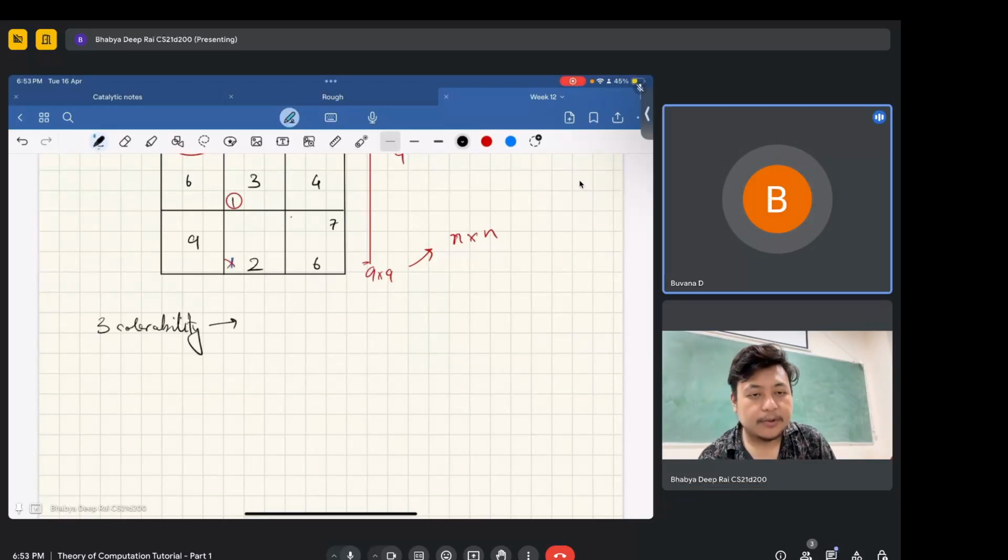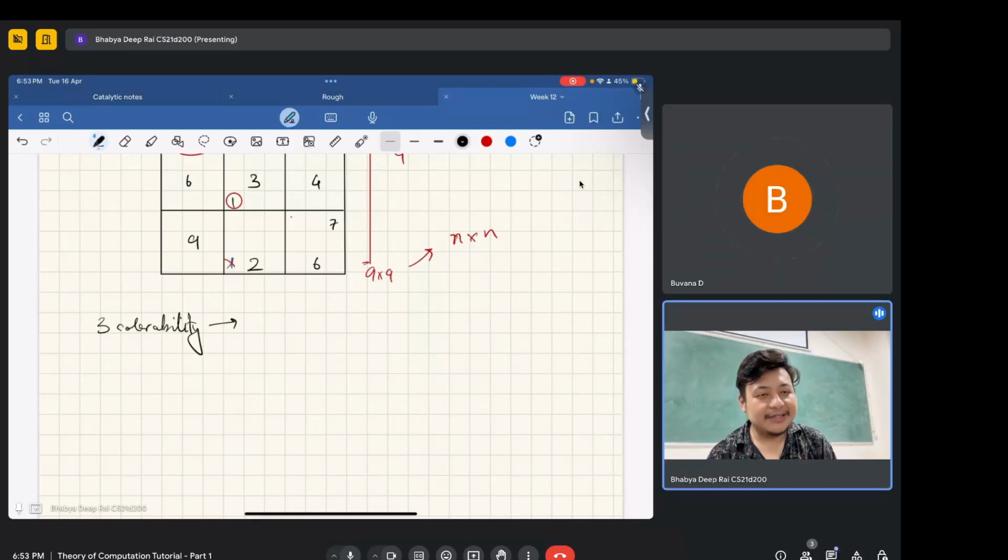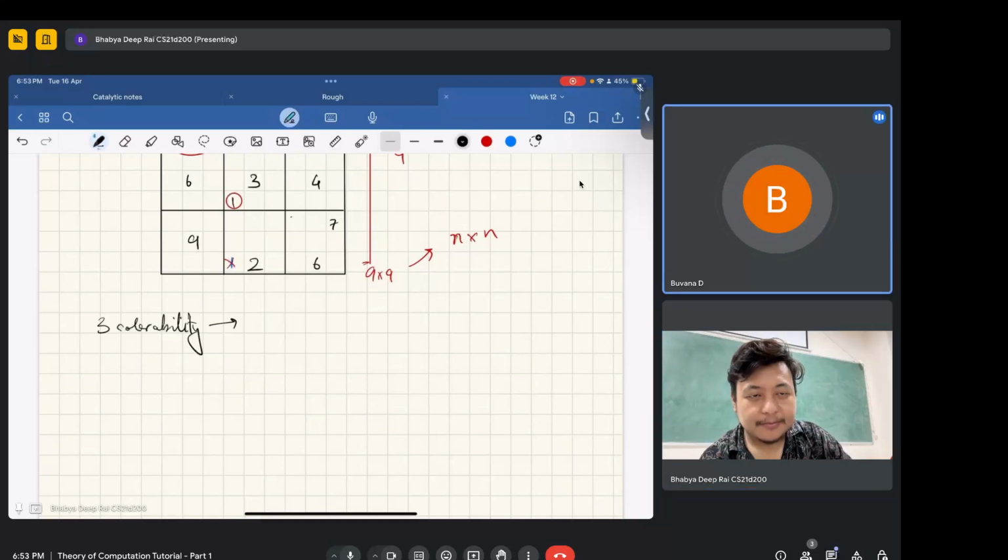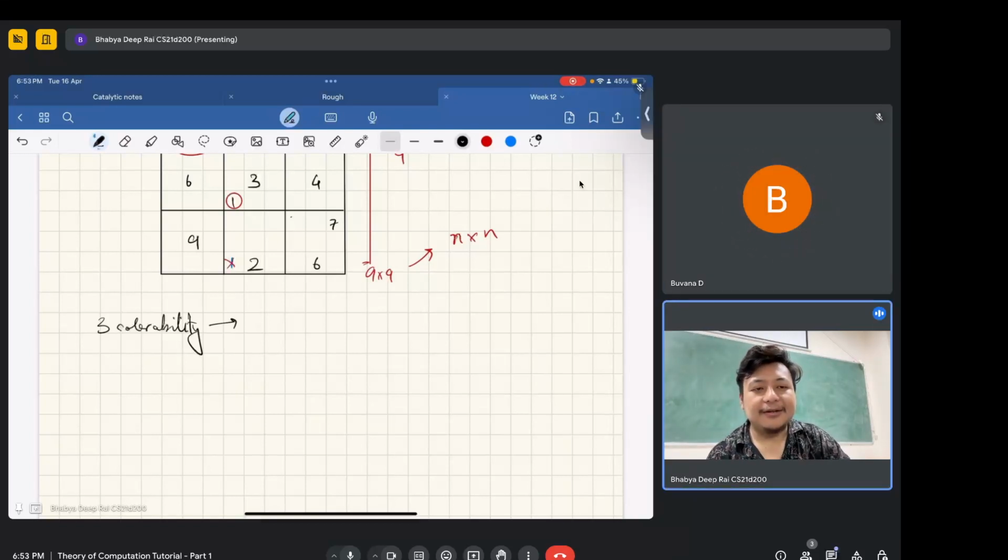We need to color the edges in such a way that nearby edges do not have the same colors. And that is the edge version. In a standard way, there is a vertex version also, right? Yes, and edge colorability is also there.